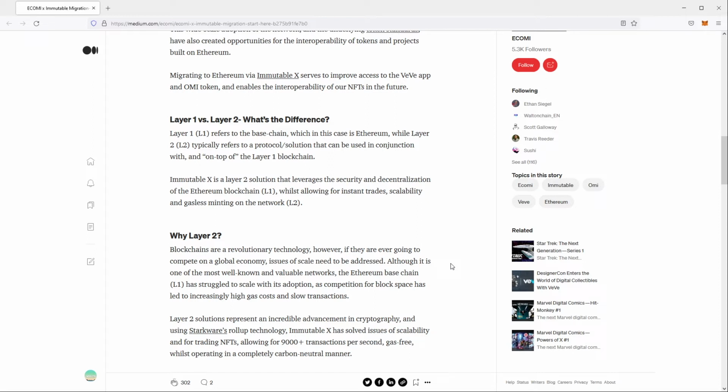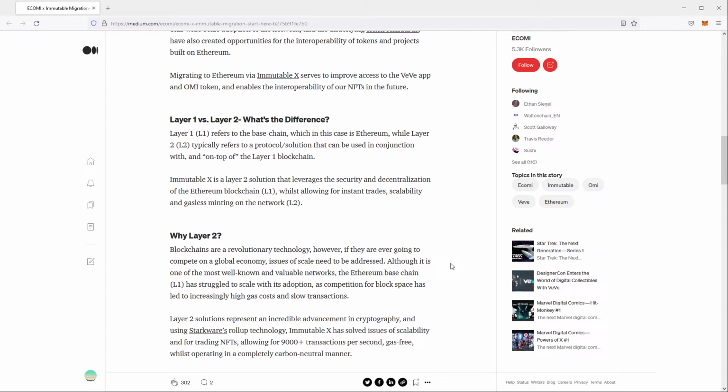So I'm pretty sure you guys have heard about the whole gas issue with using the layer 1 Ethereum blockchain. It's super expensive, right? If you're buying a regular NFT on, let's just say, OpenSea.io, you're possibly going to be paying nearly the same amount in gas fees as you would for the NFT itself. It just doesn't make sense, right?